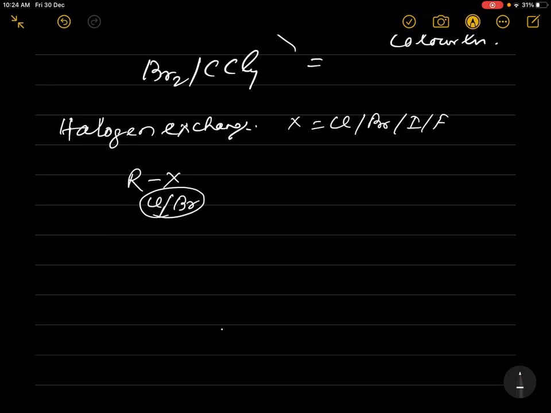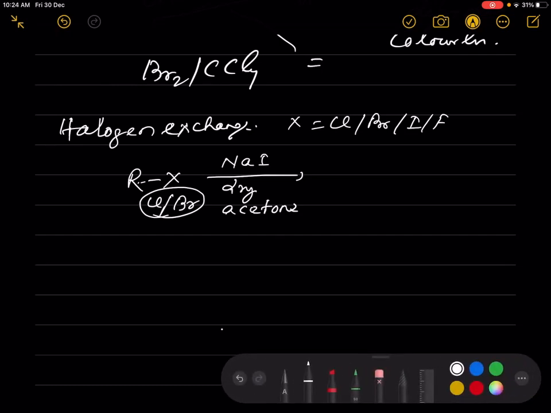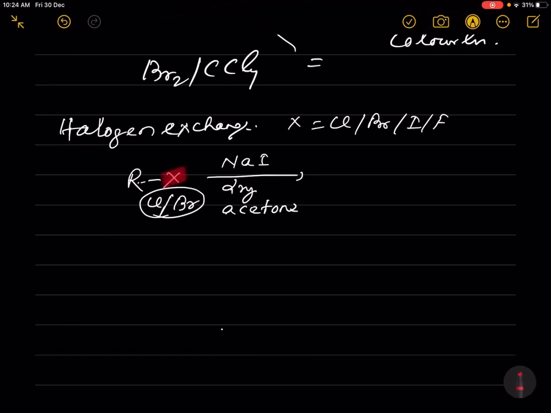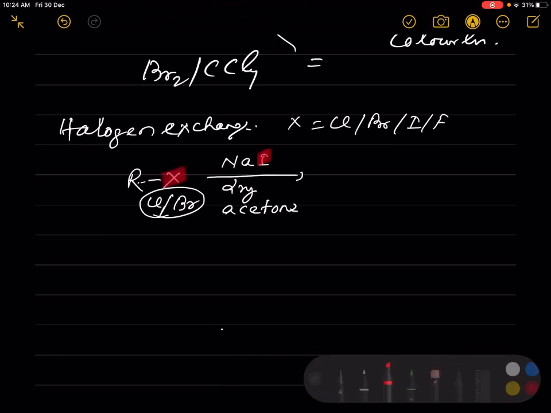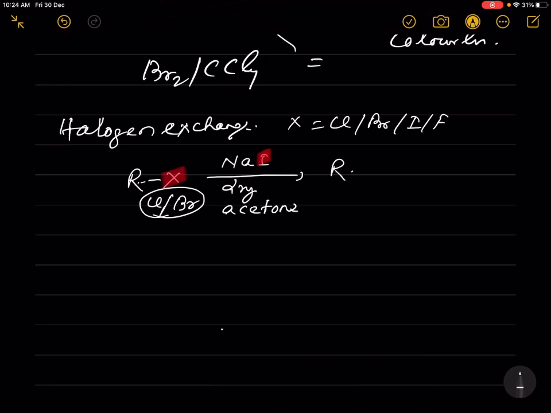When treated with sodium iodide in dry acetone, what happens? Now this X gets exchanged with this iodine, and you get RI, and this X combines with Na to give NaX.